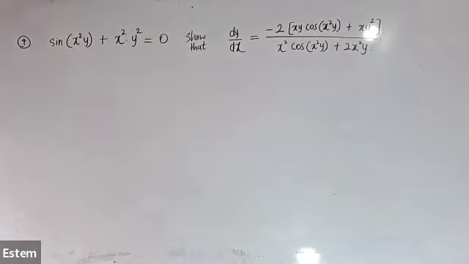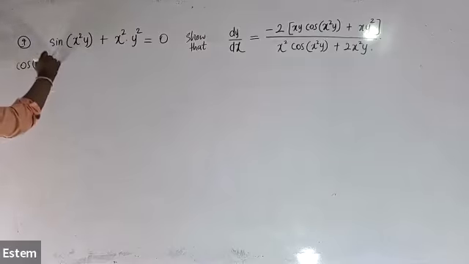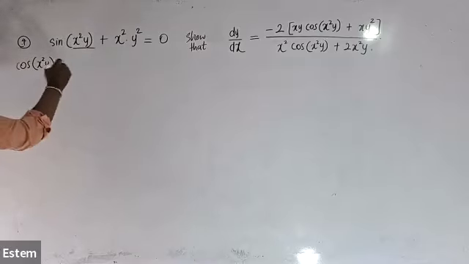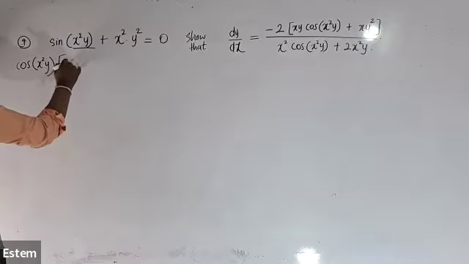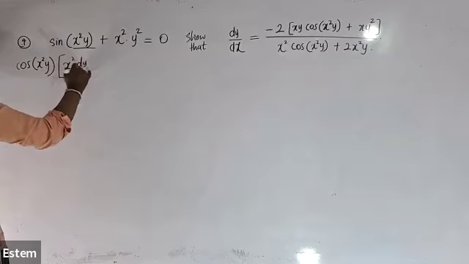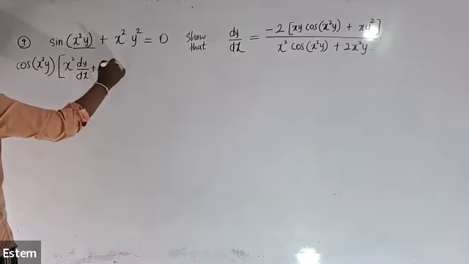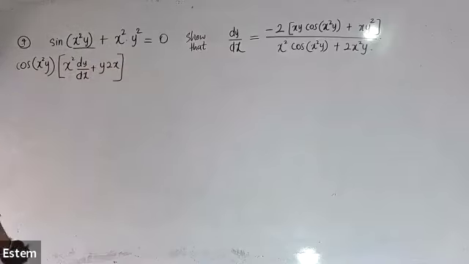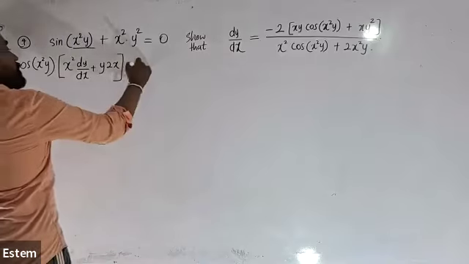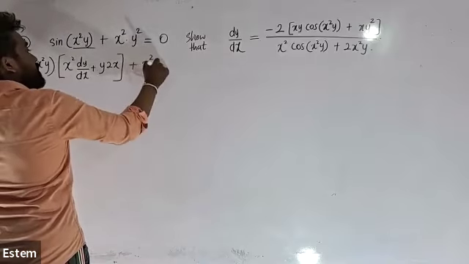Huh? Okay, here the first is cos x squared y. Then we should differentiate the inside. In this, pick x squared, and y gives dy over dx. And I will pick y, and it is simply 2x. In here, pick x squared.